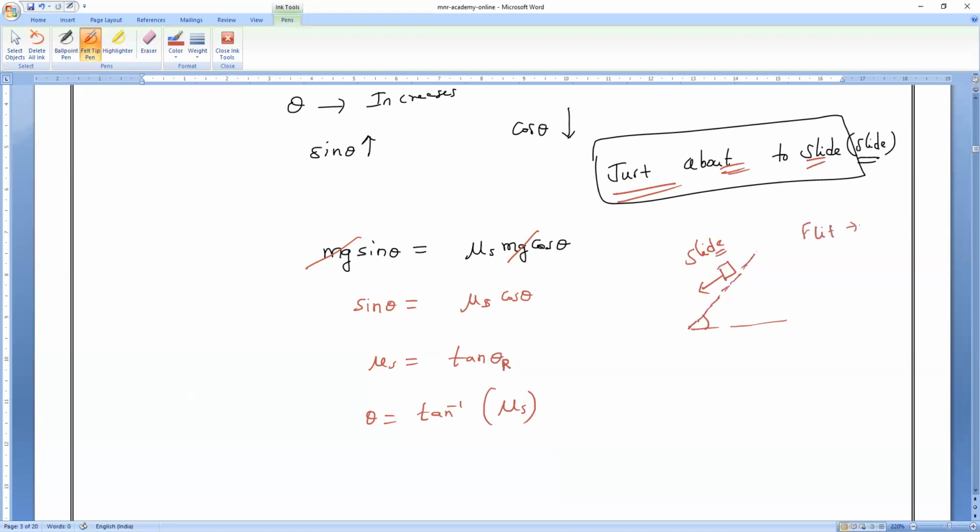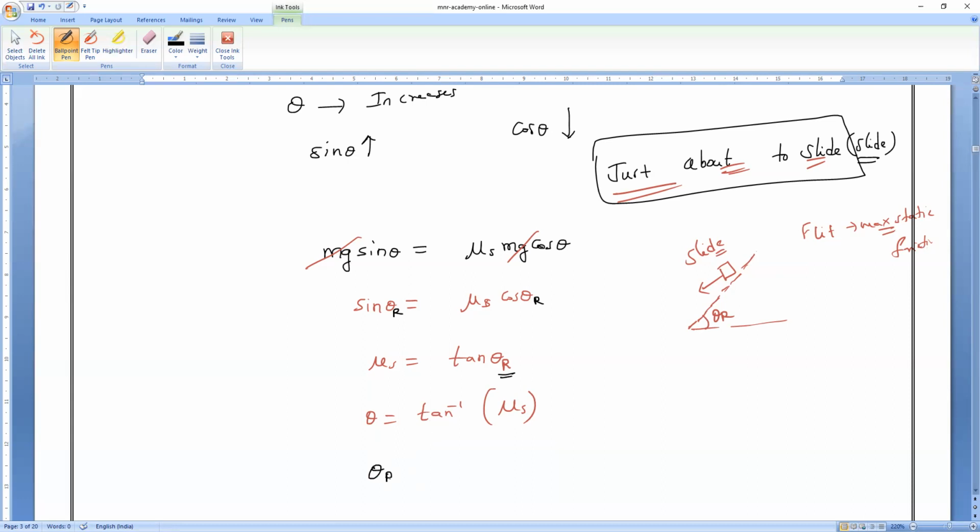So there is a theta where the limiting friction is maximum. That is F limit is maximum, that is the maximum static friction. That theta is called the angle of repose. The angle where the object is just about to slip or slide is what we call the angle of repose.